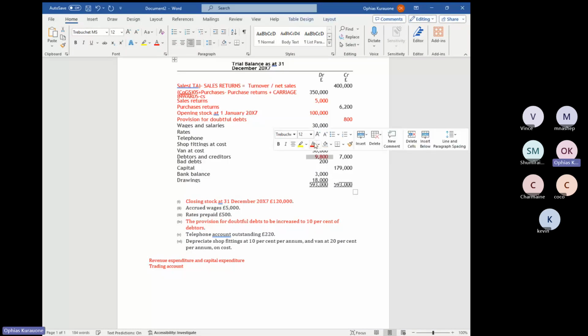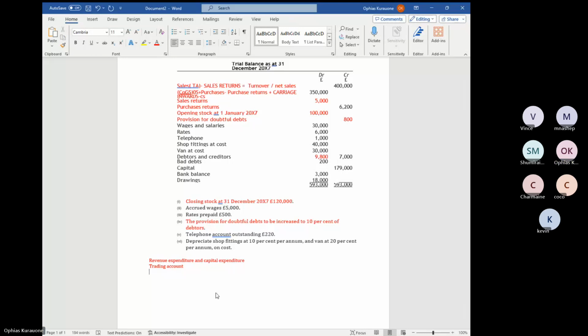So if they are 9,800, what you do is increase the provision for doubtful debts. You want to find out if there is an increase or a decrease.